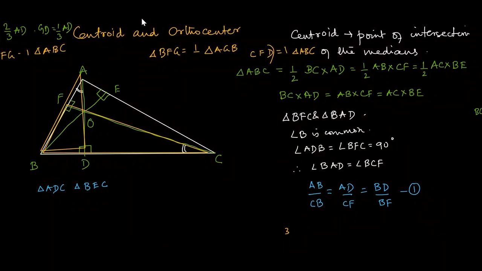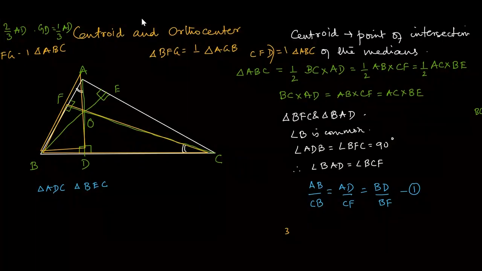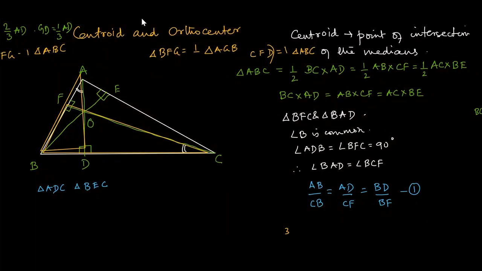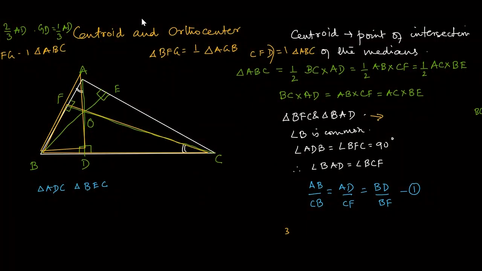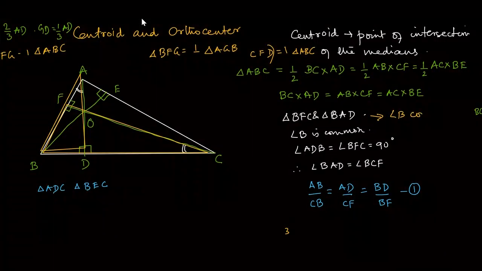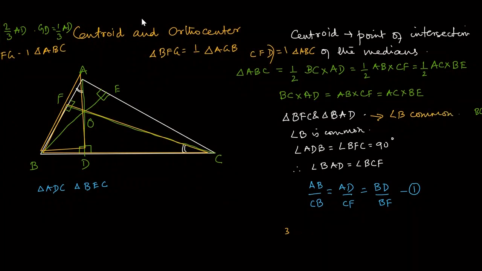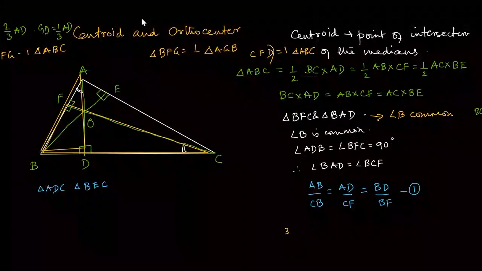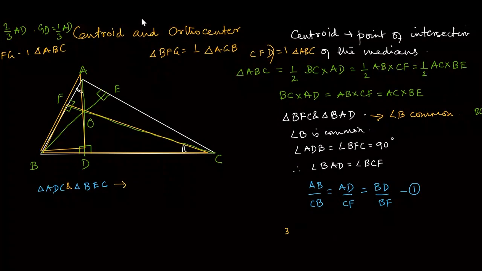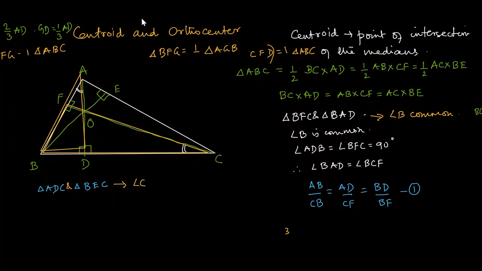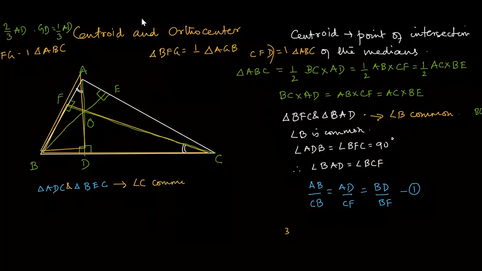Why did I choose these two? Because I wanted to have angle B common. That's the only logic. Similarly, I am choosing these two because I want to have angle C common. Clear?